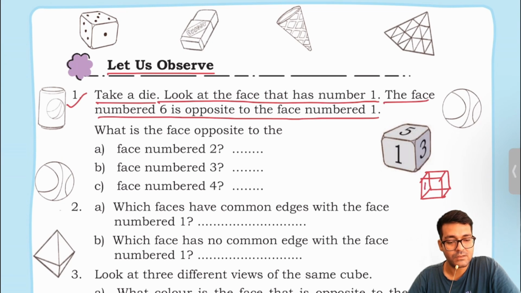If 1 is present on the left face, then 6 will be on the right face. If 2 is present on the top face, then 5 will be at the bottom face. If 3 is on the behind face, then 4 will be on the front face. That is, sum of numbers on opposite faces is always 7.